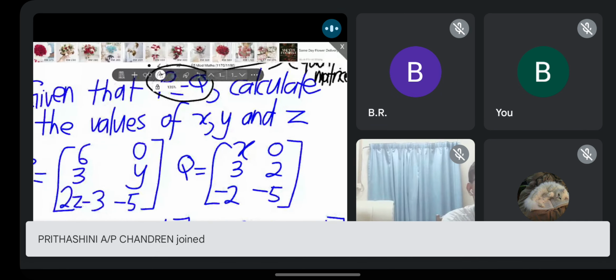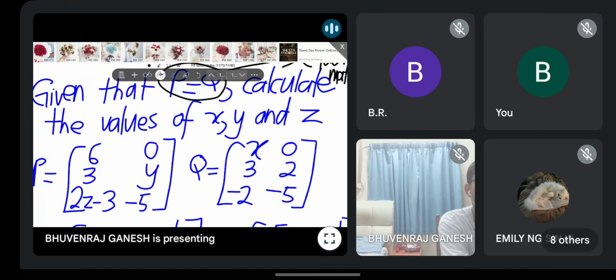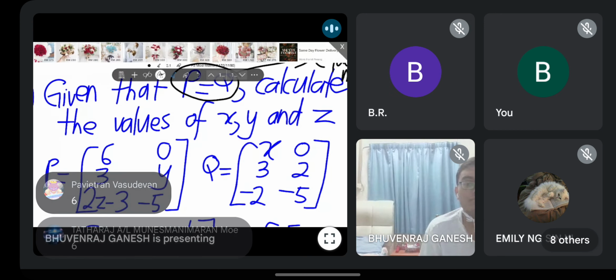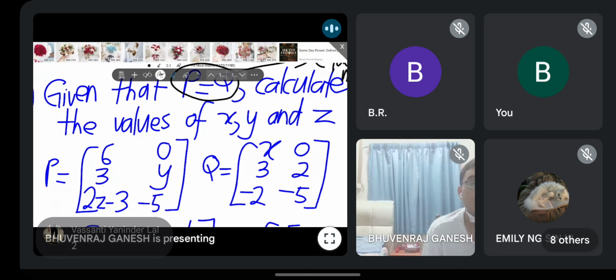So now you have to find the x, y, and z. Guys, directly looking from here, can you all tell me what is the x value based on the question here? Apakah nilai x? Okay, correct. How about y? This one quite easy. Yes, y is 2. How about z?